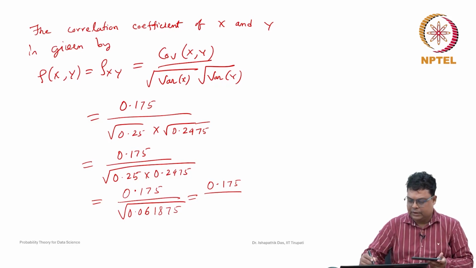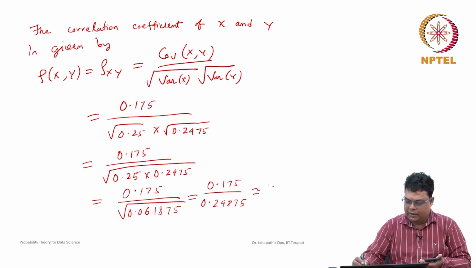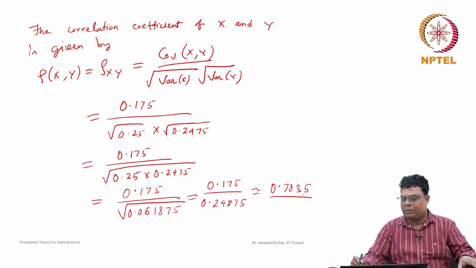The square root is approximately 0.24875, so 0.175 divided by 0.24875 is approximately 0.7035, up to four decimal places.